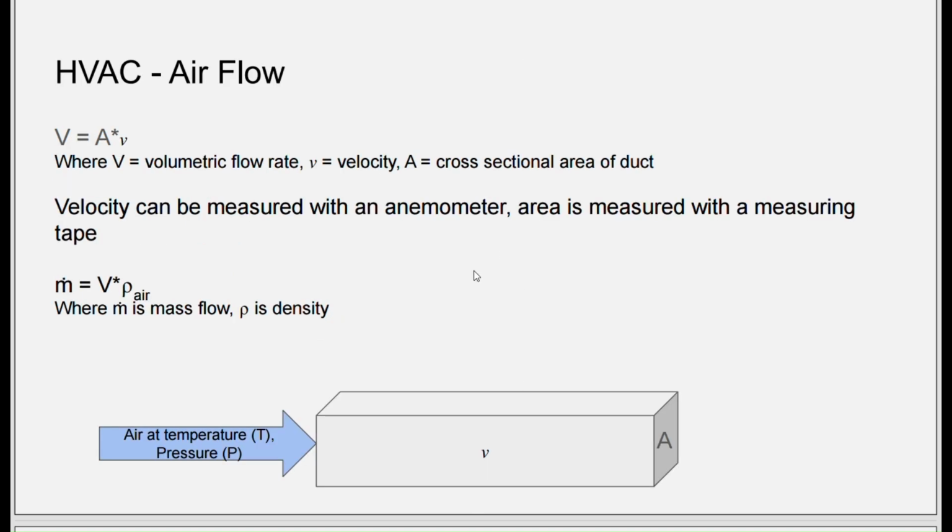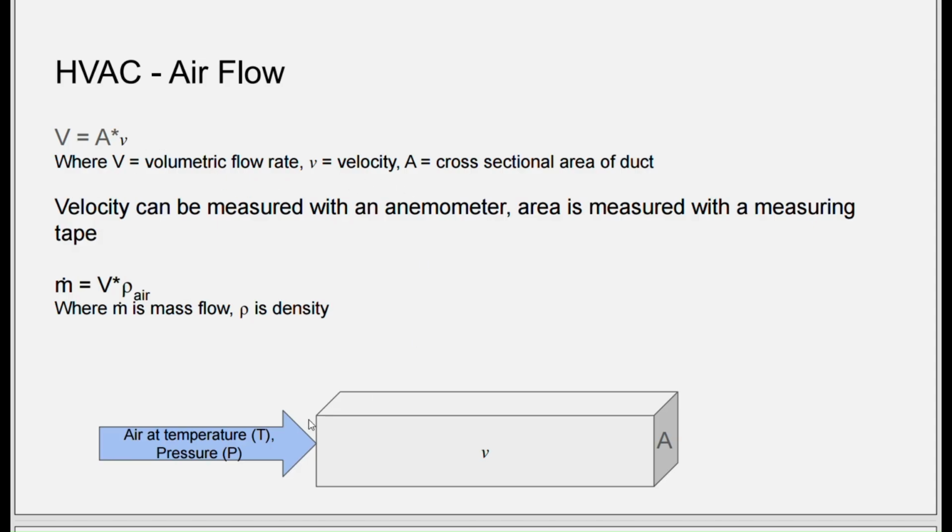So let's do an example here. If we know our total airflow, so this might come up if we have a fan curve and we know how much volume of air a fan can push, or if we've got an anemometer where we can physically measure the velocity of air. Well, your volumetric flow rate is going to be the cross-sectional area times velocity.